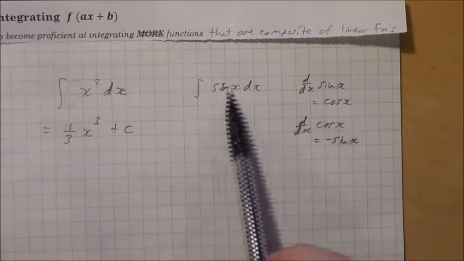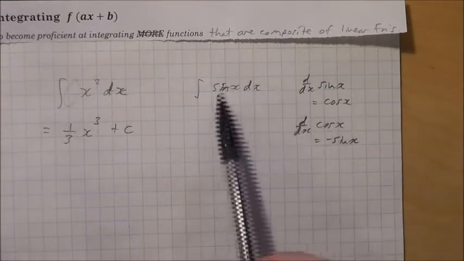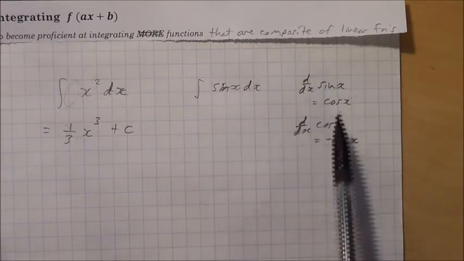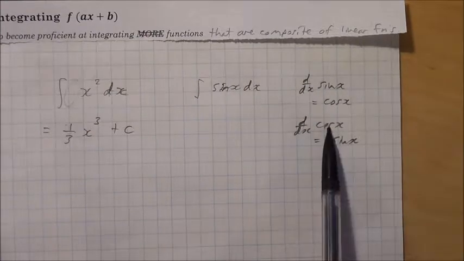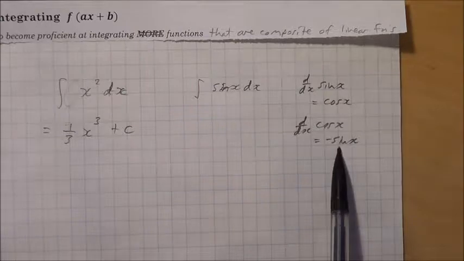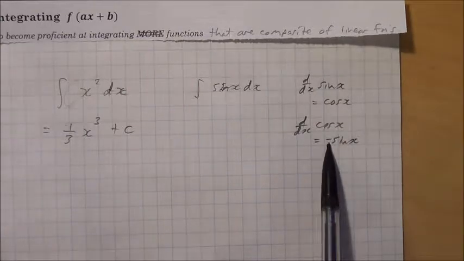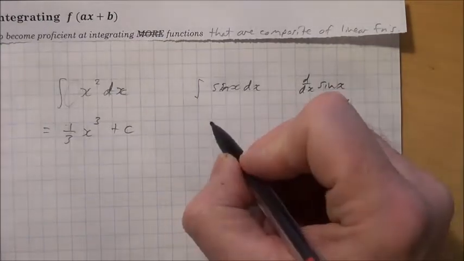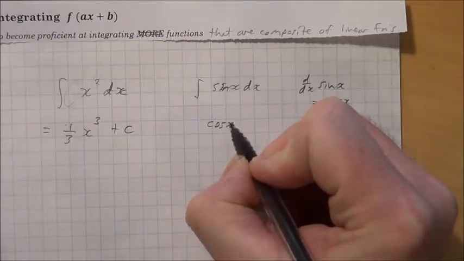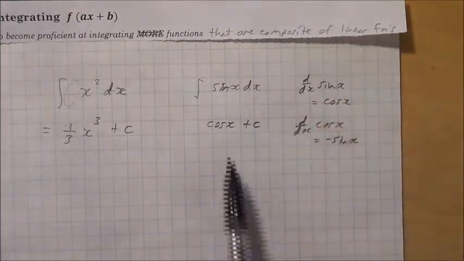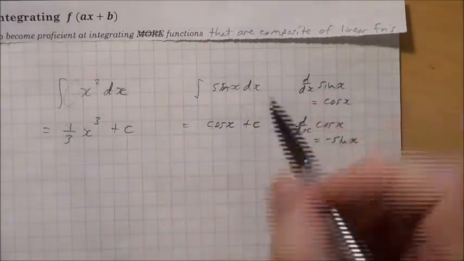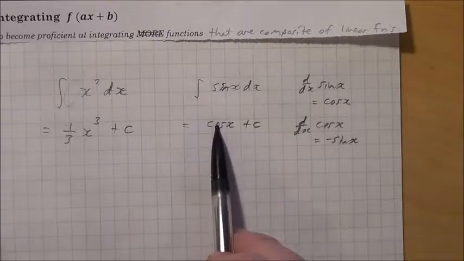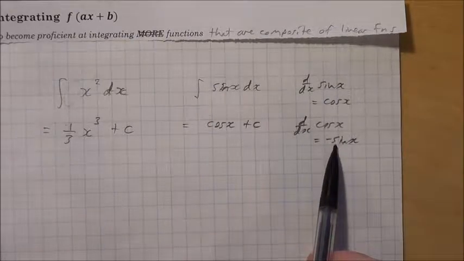So if we have sine x and we want to go back, we're going to be transforming this into a cosine, because when you differentiate cosine, you end up getting a sine, but the sine x is actually negative. So to integrate this, we go back to what it would have been, which is cosine x and then plus c. But we need to say, okay, well, if we differentiate this now, that cosine x becomes negative sine x.